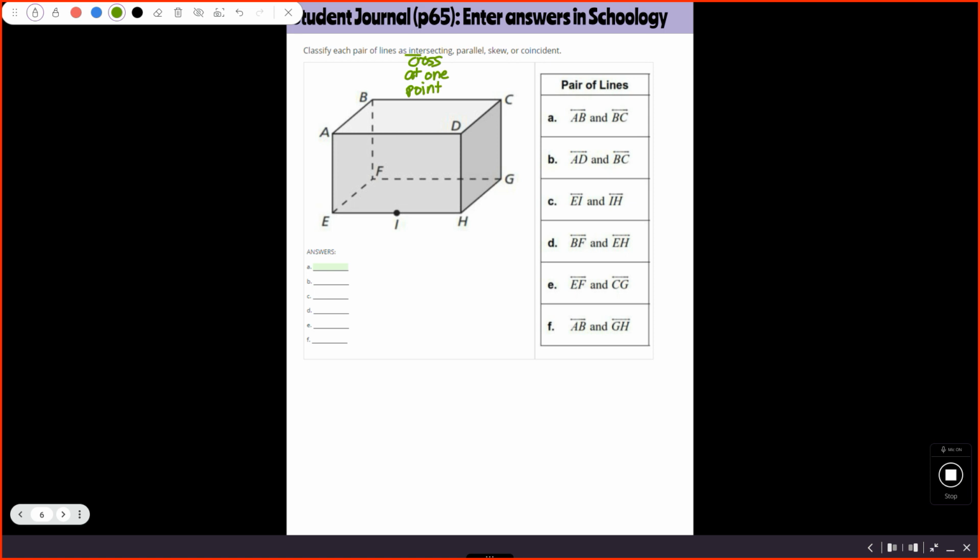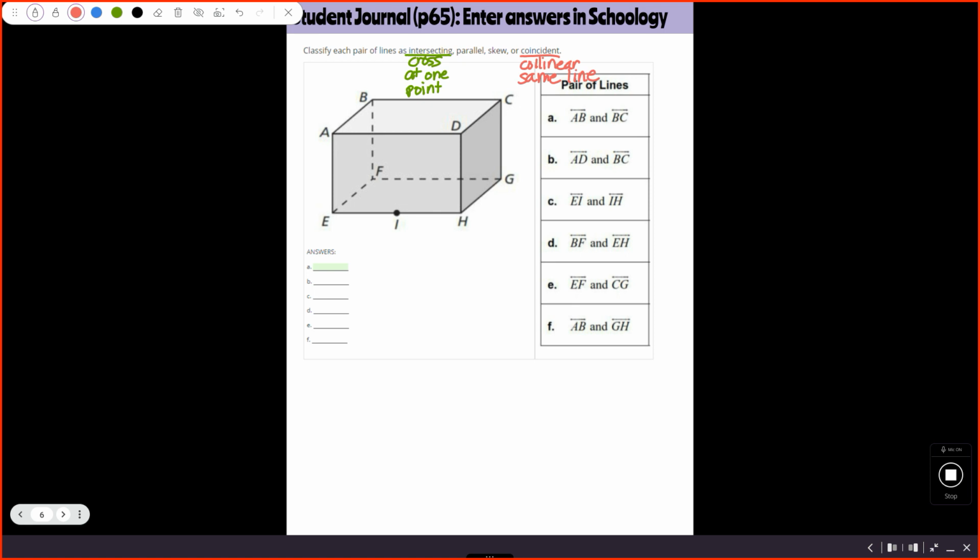All right, so that's intersecting. I modeled parallel and skew earlier. Now, what does coincident mean? Coincident means they're collinear. They are on the same line. So same line. Okay. Collinear means same line.